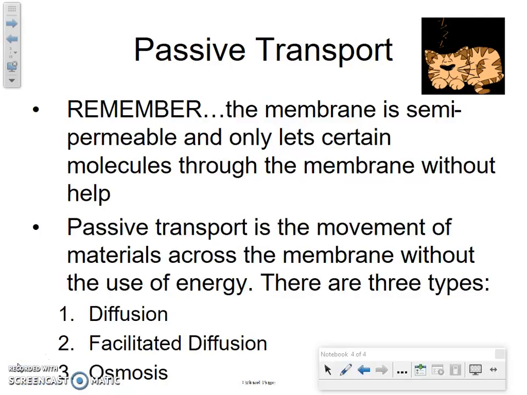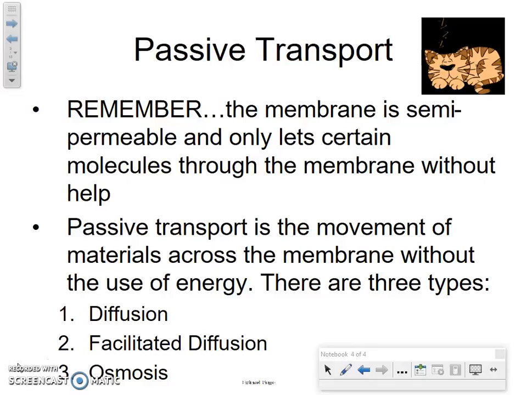So if you remember, the membrane is considered to be semi-permeable, meaning it only lets certain molecules through the membrane without help. Those molecules that can go in without help are small in size and also uncharged. And two real words for uncharged, which you should probably write down, are nonpolar or hydrophobic.